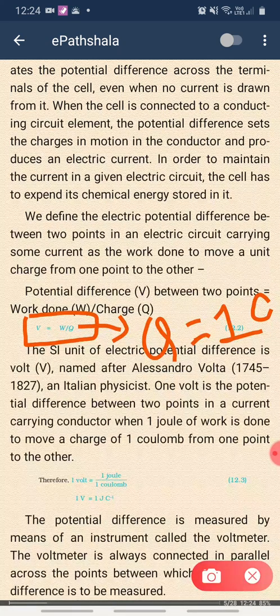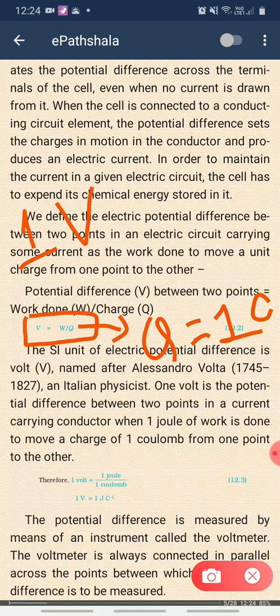If we are moving only 1 coulomb of charge and a potential difference of 1 volt is being maintained, what is the work done? Work done will be 1 joule. Or, as we can say, what is 1 volt?